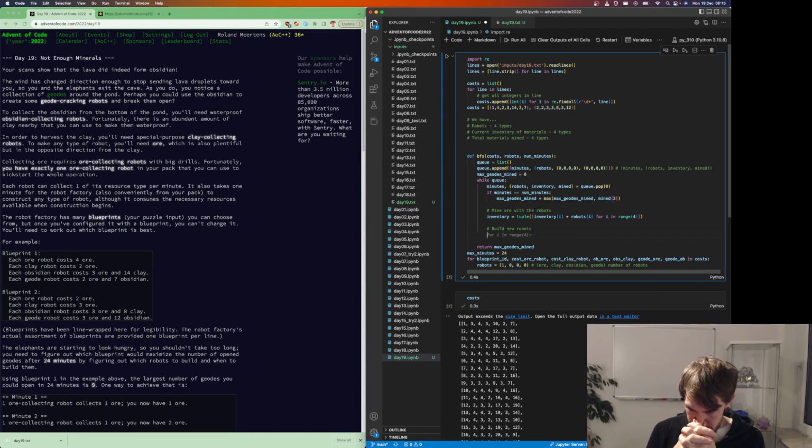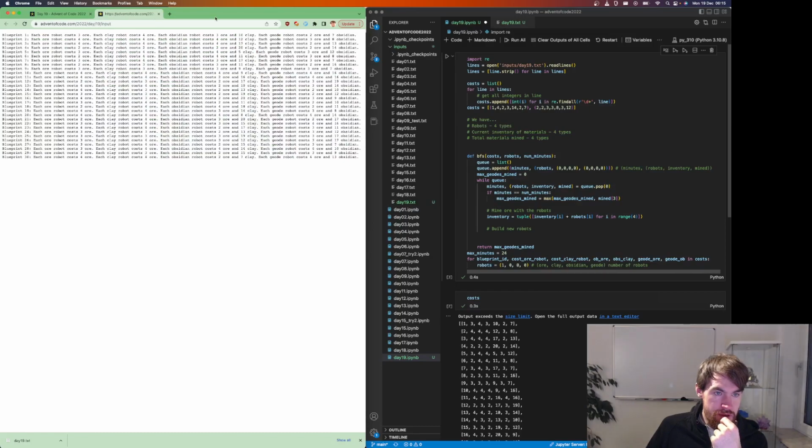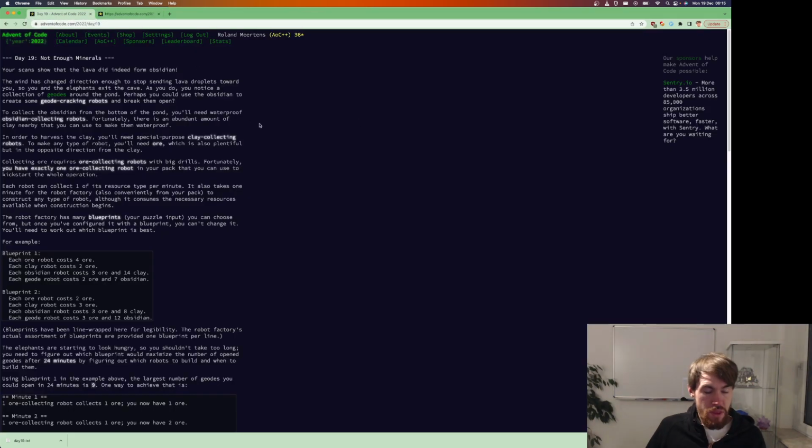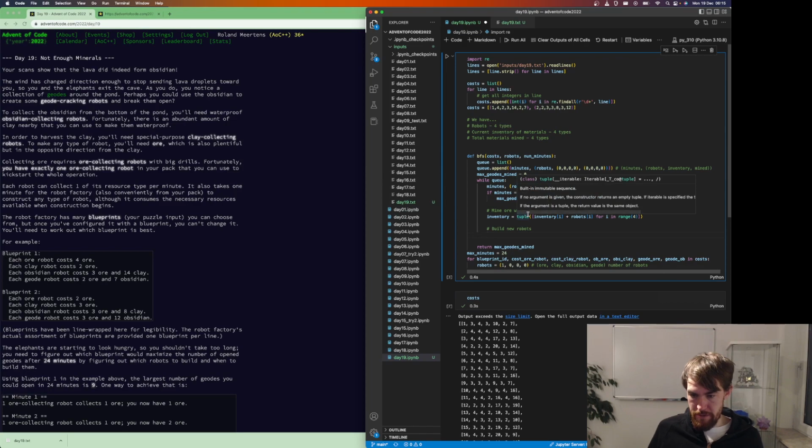And now we get a bit to the annoying thing of the costs. Let me take a look at what the input looks like. So this always costs 1. It's always ore and clay, it's always ore and obsidian. I guess we can just try each of them. So we try building an ore robot.